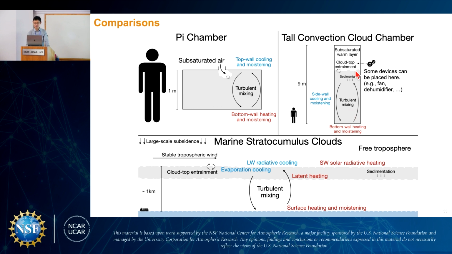And there is a more natural interface between the cloud and the clean air. Also, there is the clean air area where we can put some devices, like a fan, dehumidifier, or some small sensors, which should be fun. And in real marine stratocumulus clouds, there are more mechanisms, like large-scale subsidence, stable tropospheric wind, and radiation effects.